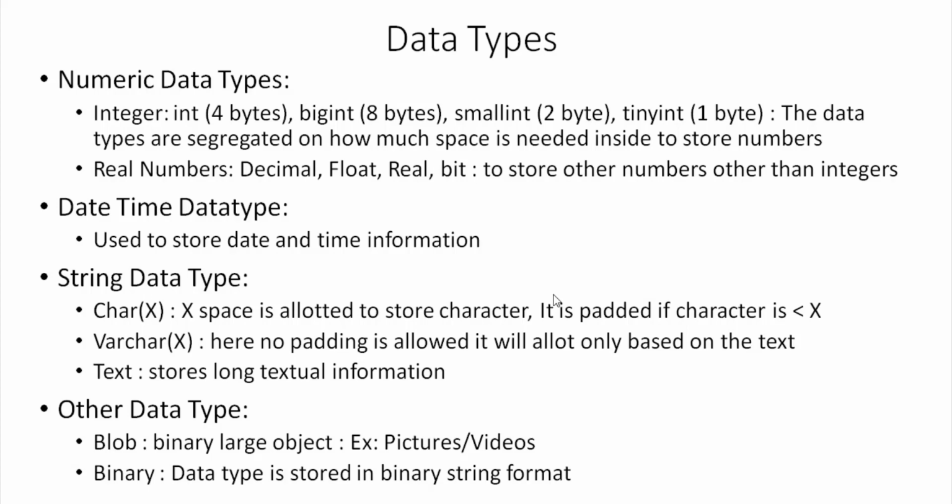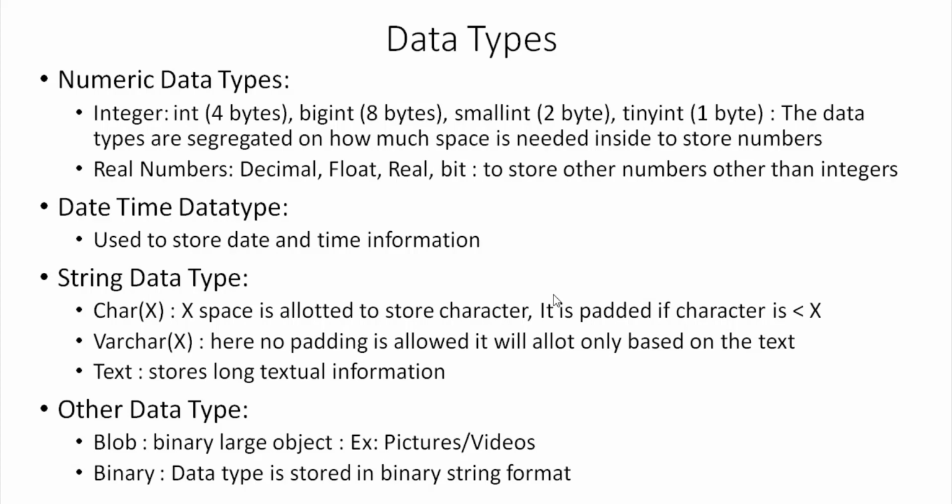So whenever you define the x value, it is allocating that much space or memory upfront, and whatever is not used is being padded. Okay, and in varchar(x), there is no padding allowed. So that is the difference between char and varchar.